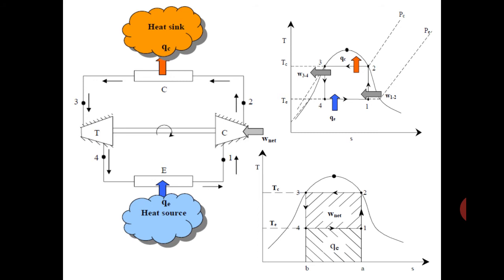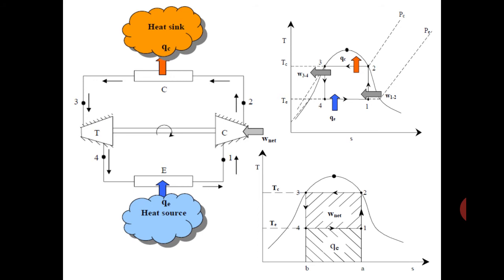Now next process 1-2. During the process 1-2, compression of the refrigerant takes place. So the pressure increases from the evaporator pressure to condenser pressure, and the temperature is also increased. Now the increased pressure and temperature refrigerant goes to the condenser where it will reject the heat.